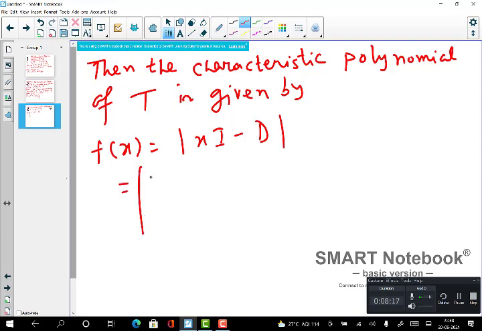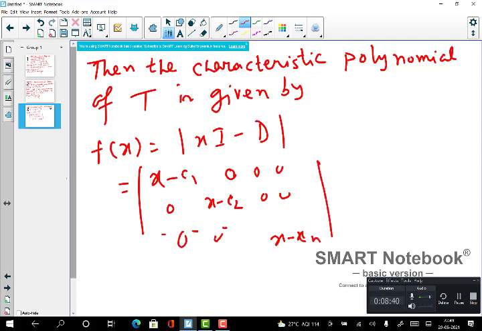The matrix xI minus D has x minus c1, x minus c2, and so on down to x minus cn on the diagonal, with everything else 0. Hence the determinant is (x minus c1)(x minus c2)...(x minus cn).